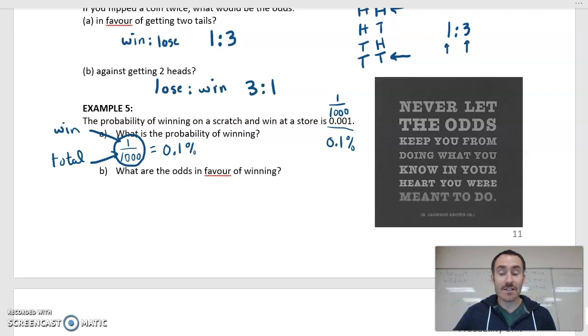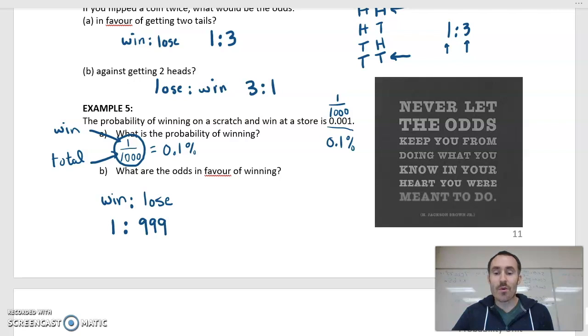That's the question you're asking yourself when you're changing probability to odds. We're still going to use this same thing, win versus lose, or desired versus undesired. There is one chance of winning, and how many of those 1,000 chances are losing then? 999. So if the probability of winning is 1 out of 1,000, the odds in favor of winning would be 1 to 999.